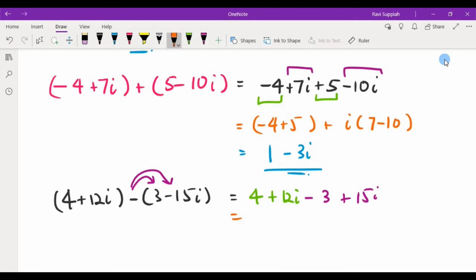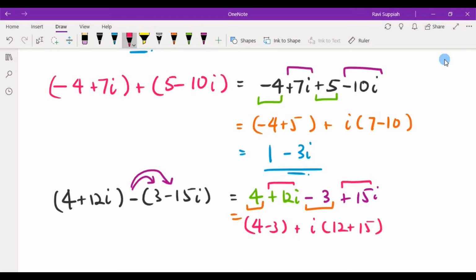For the real parts, I have this and this, and for the imaginary parts, I have this and this. So I'll have 4 minus 3 plus i times 12 plus 15, which will give me 1 plus i27.